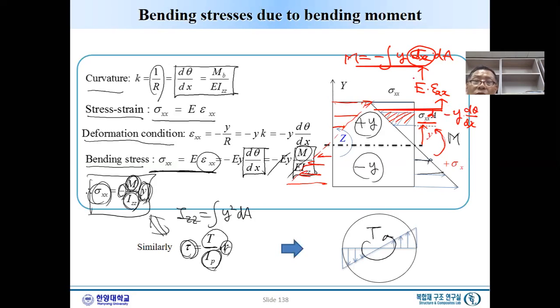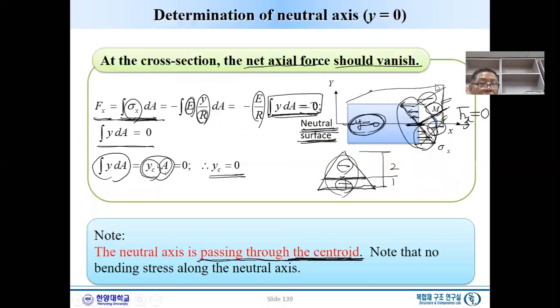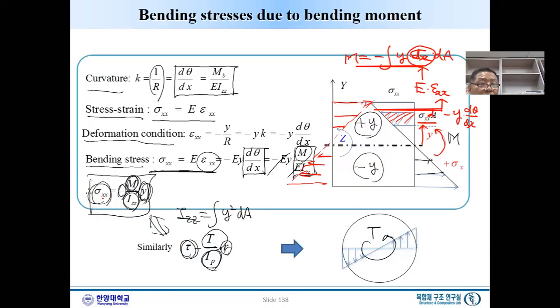So we put it back into the moment, and what we have finally is the moment M. From here, you can easily flip back, and E times this is a minus, so that will be a plus, and E times d theta dx is now a constant out of the integration, and y squared dA, this we simply call I.